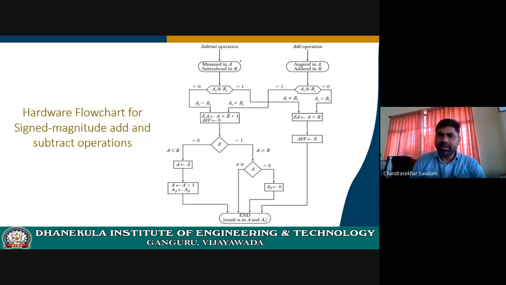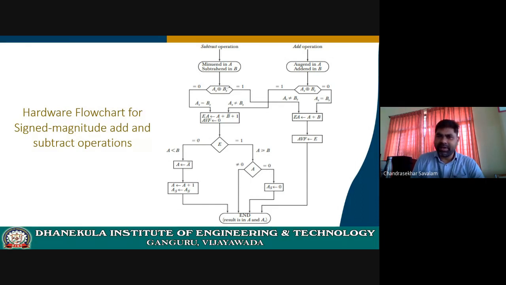Whenever in this flow chart you see this kind of symbol or box with rounded corners, it means start the operation, stop the operation, or initialize the parameters. Then there is this other shape, where we perform some particular operation.